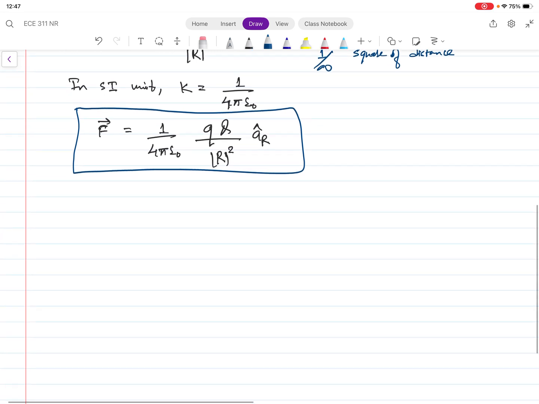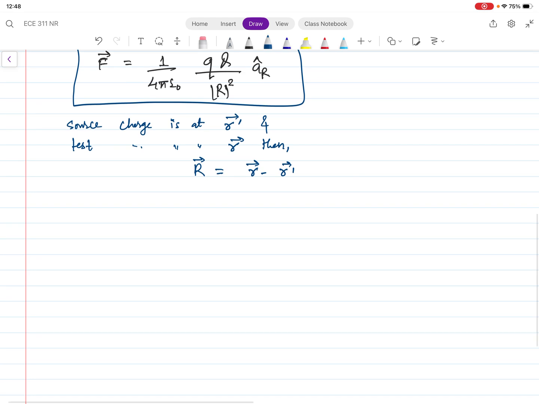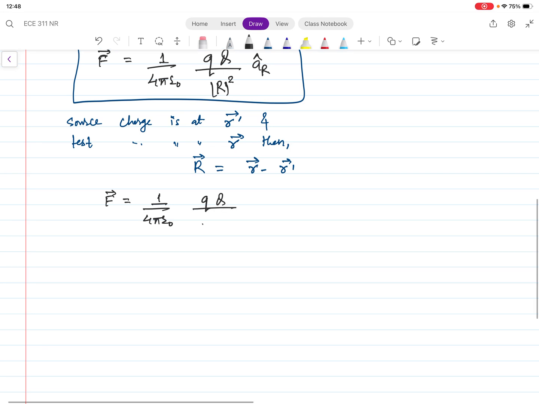And often in electromagnetics, we assume the source charge is at a position r prime and the test charge is at r, then our capital R in vector form is r minus r prime, which enables us to write Coulomb's law as F equals this constant, small q times capital Q divided by R squared, where R is r minus r prime, and r and r prime are both position vectors.